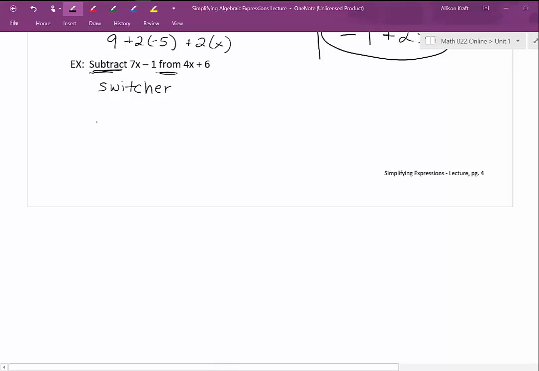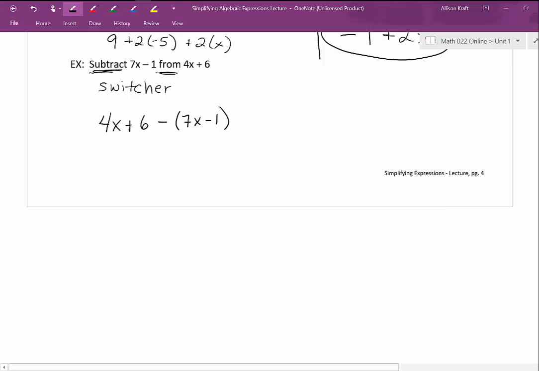So 4x plus 6 actually goes first. Now I want to subtract that whole thing, 7x minus 1, from the 4x plus 6. To indicate that we're subtracting the whole thing, I need to put 7x minus 1 in parentheses.